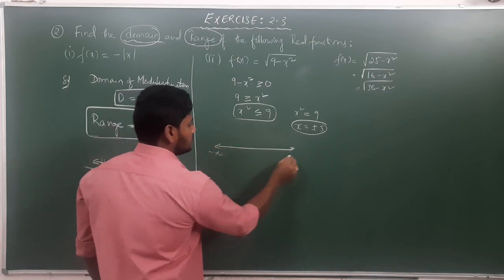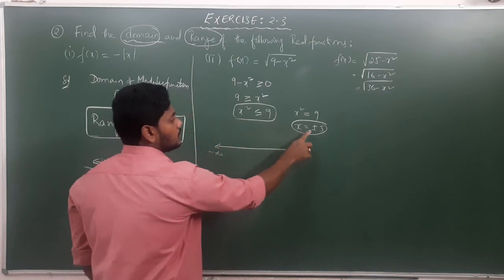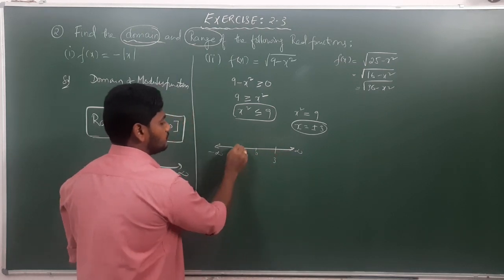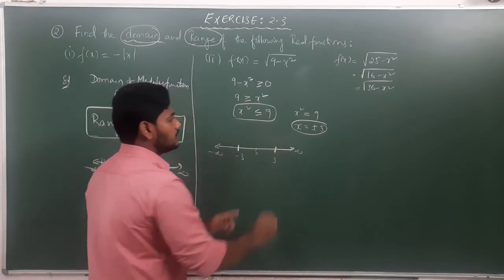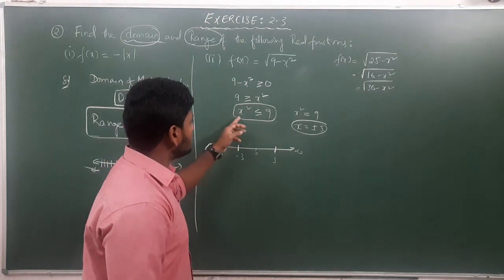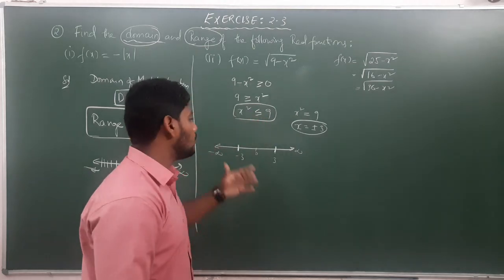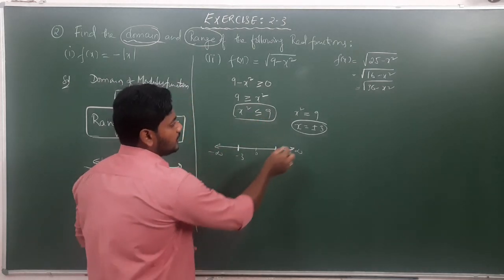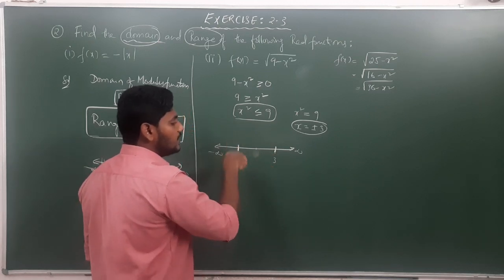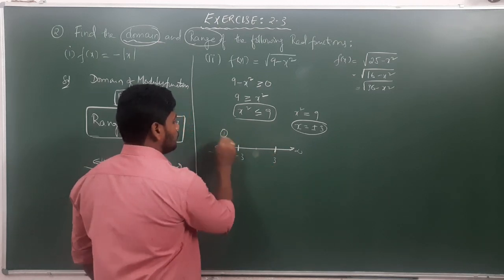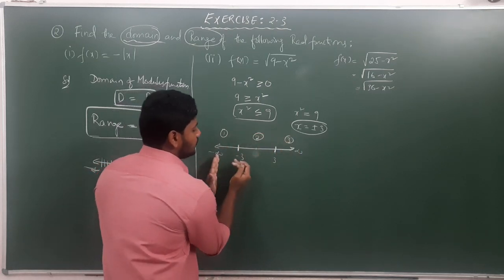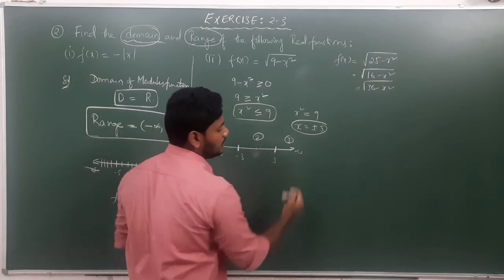If I represent this on a number line, what are the values we have? Minus 3 and plus 3 we got. That means x is equal to minus 3 and also equal to 3. Now to satisfy the less than condition, what values do we need to take? We got two numbers, minus 3 and 3, so this number line is divided into 3 regions: minus infinity to minus 3, minus 3 to 3, and 3 to infinity.